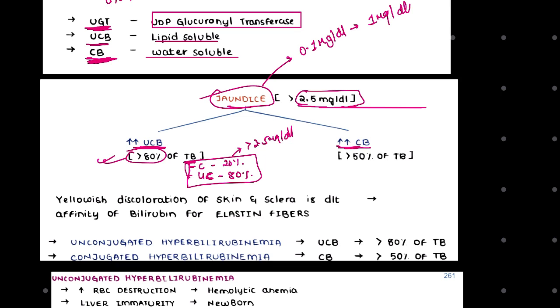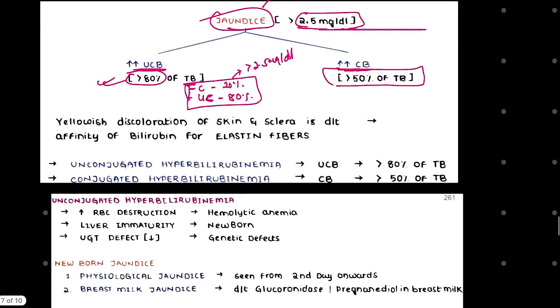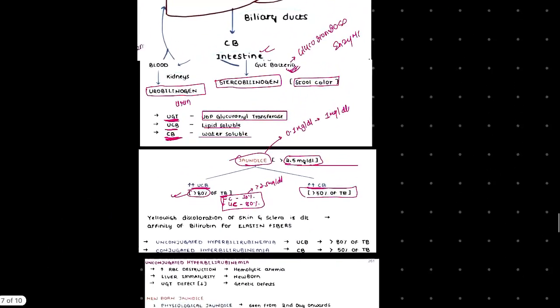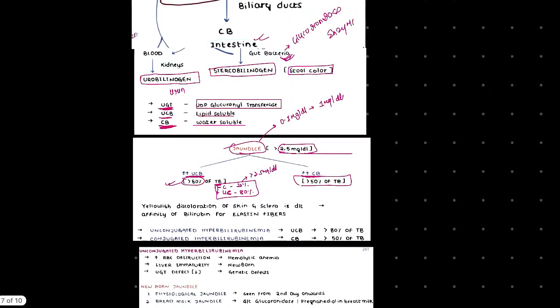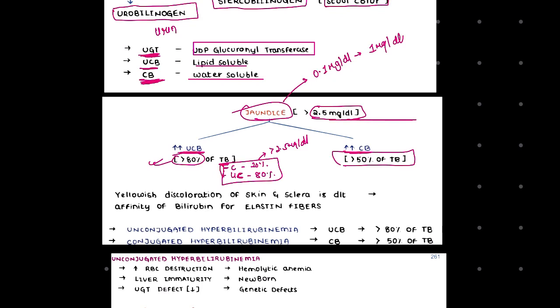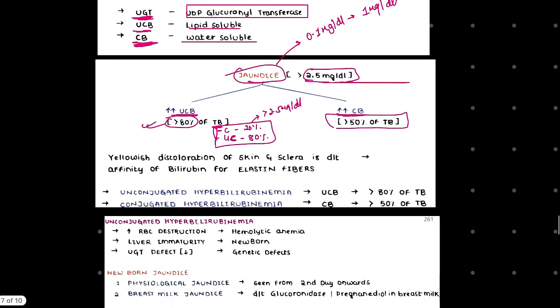Now talking about conjugated, it should be greater than 50%. Okay, we talked about the levels in which we will call it jaundice. So now, just by appearance, how will we find out that the person is suffering from jaundice? One important thing here is there will be yellow discoloration of skin and sclera.